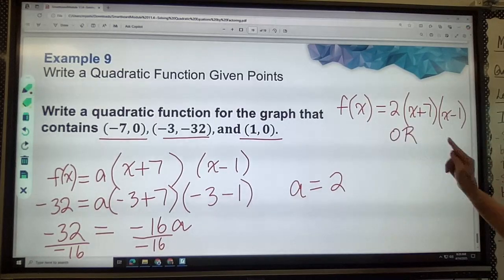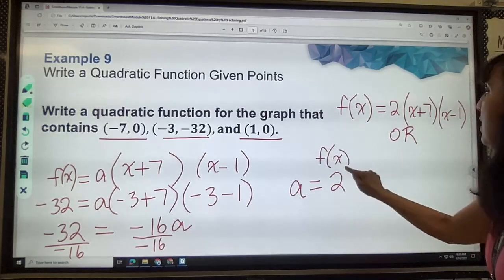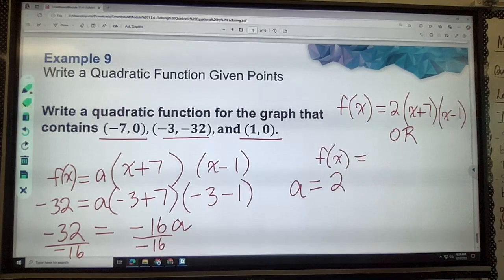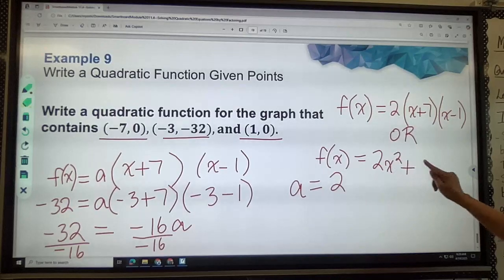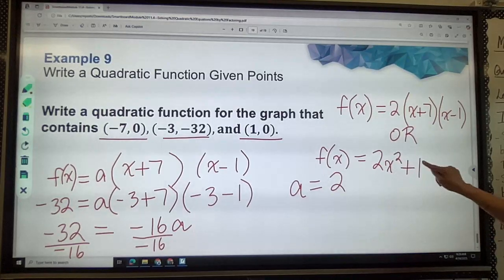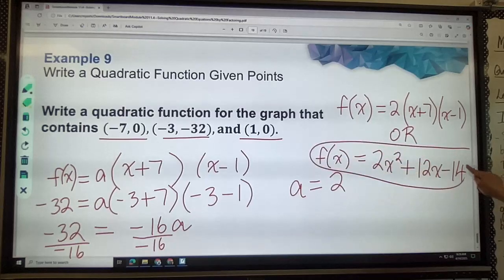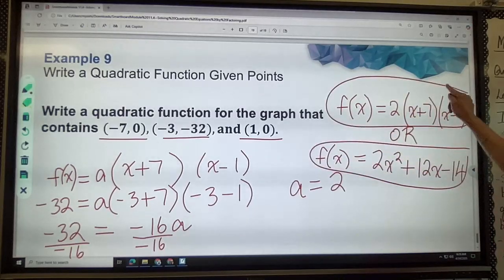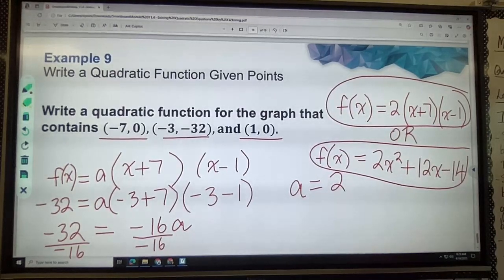Or I can write it as f of x is equal to 2x squared plus 12x minus 14. Okay, so either this way or this way. And that's how I find out when points are provided to me.